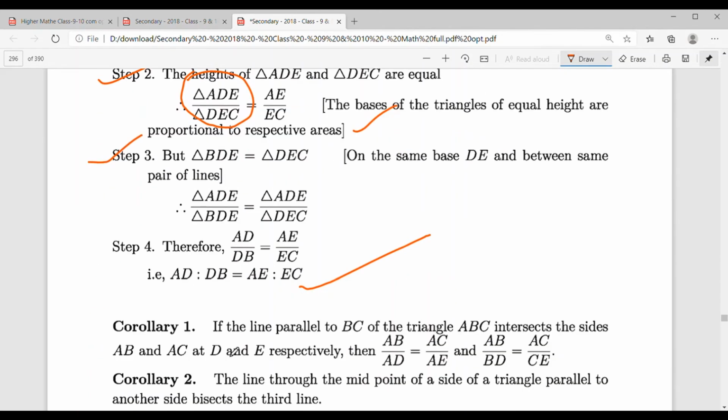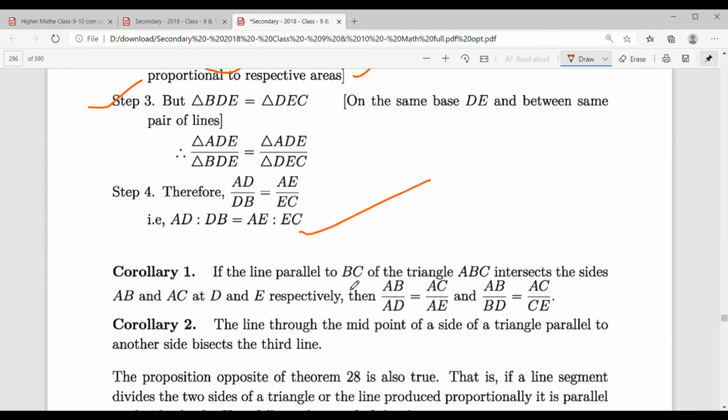Now corollary 1. If a line parallel to BC of the triangle ABC intersects the sides AB and AC at D and E respectively, then AB by AD is equal to AC by AE, and AB by BD is equal to AC by CE. It is very easy to prove.